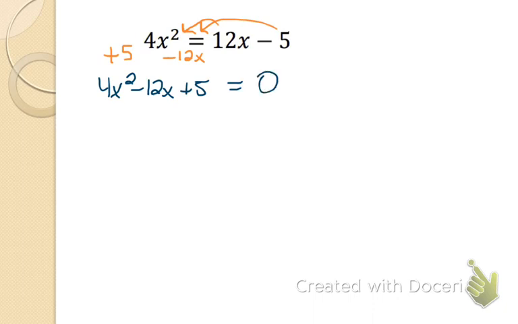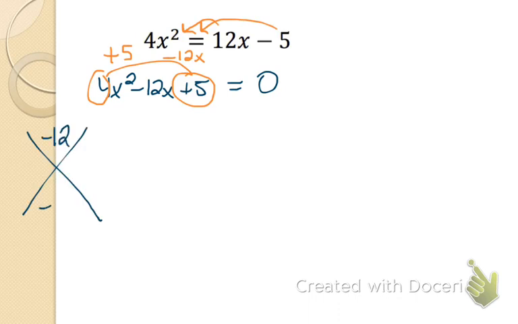Okay, perfect. Now we can factor. 4, 12, and 5. Anything in common? All 3 of them? No. So what we do next is headphones. 4 and 5. In multiplying 4 and 5, we get positive 20, so our 20 goes down here.